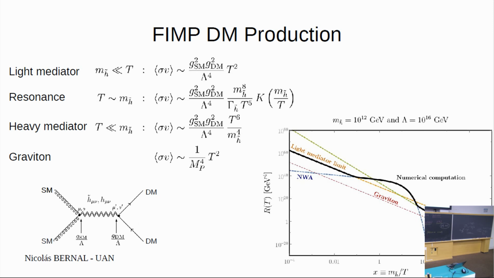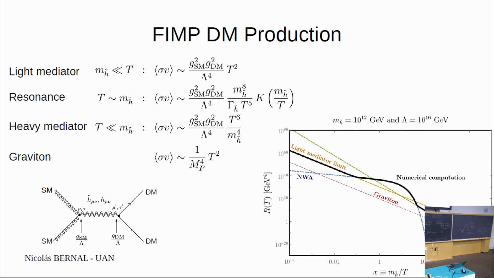So here I'm showing you the annihilation rate. So if you want, it's the cross section times n squared, where n is just the dark matter number density, as a function of the inverse temperature, so the mass of the spin 2 over temperature. And here you can see the 4 regimes. So for high temperature, you have the light mediator regime. Then you have this bump corresponding to the resonance.